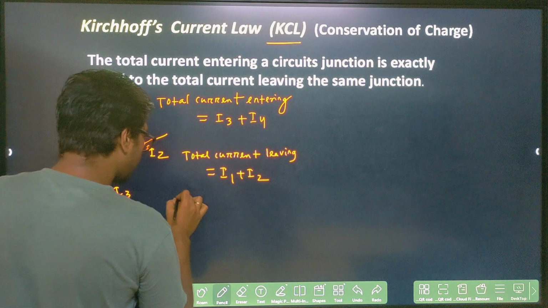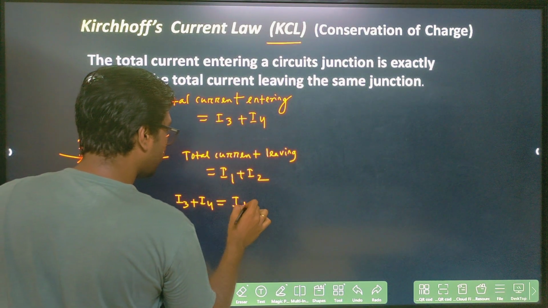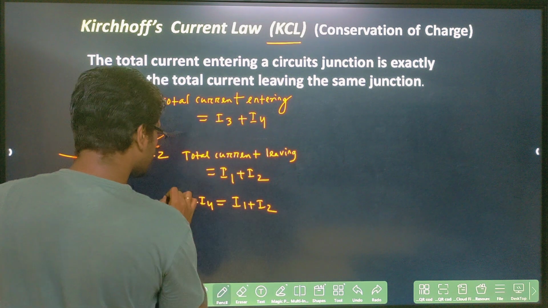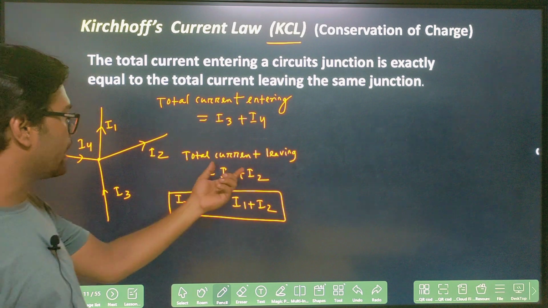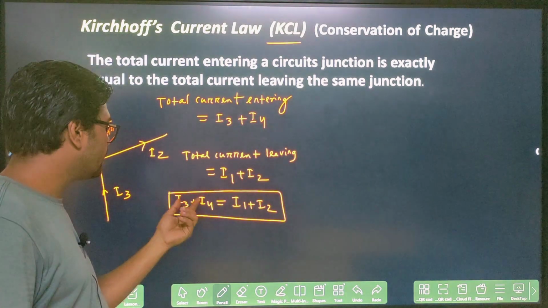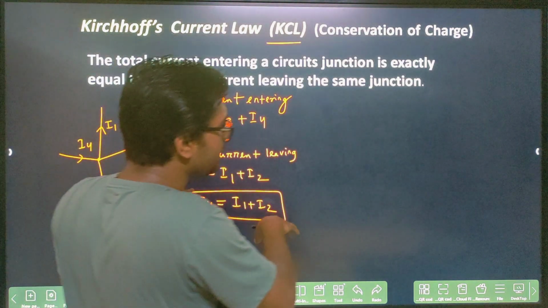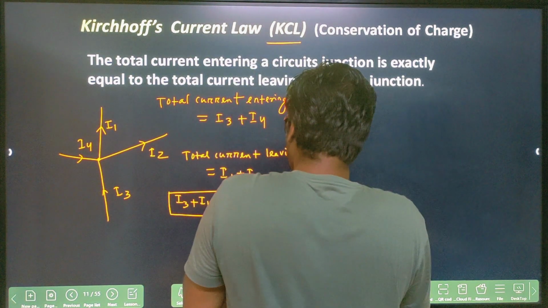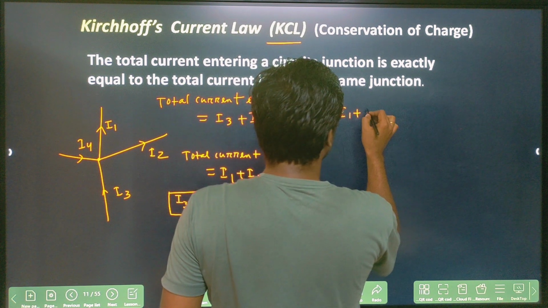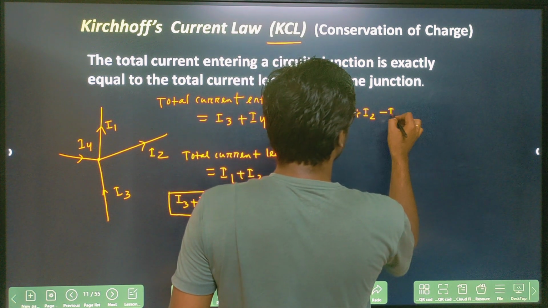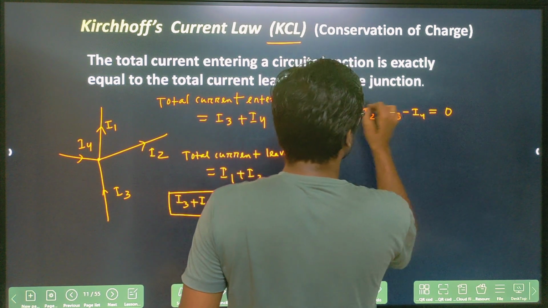So I3 plus I4 is equal to I1 plus I2, right? I1 plus I2 is total current leaving, I3 plus I4 total current entering. Clear? So I can write this law in another way: I1 plus I2 minus I3 minus I4 is equal to 0.